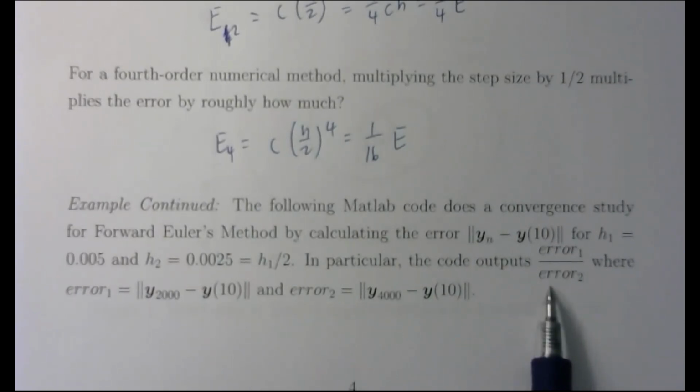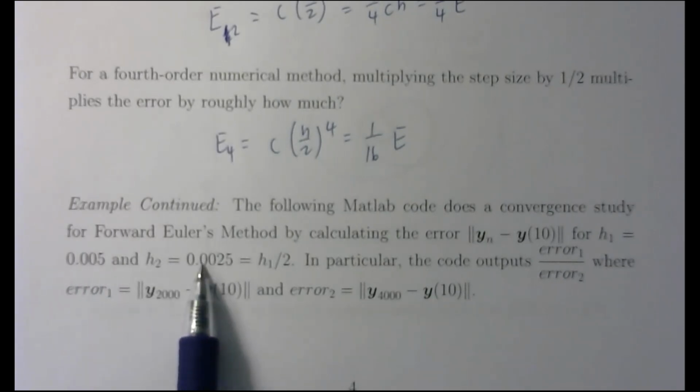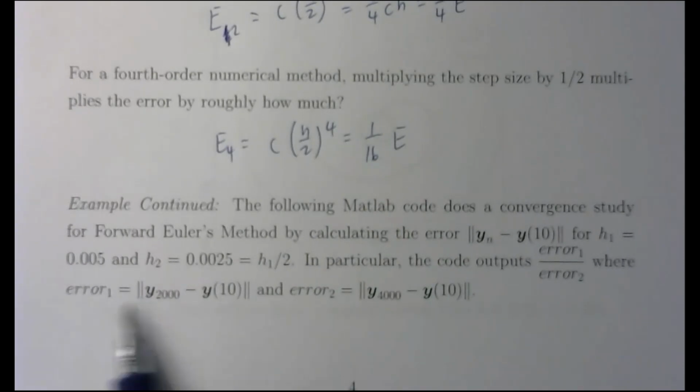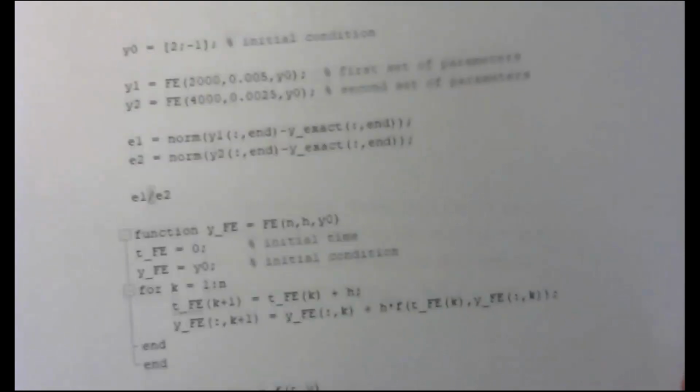If I divide h by 2, what happens to the error? When I look at the ratio of these errors, do they get divided by 2, or will those show up as a factor of 1/2, 1/4, 1/16, and so on? So here's the code for that.